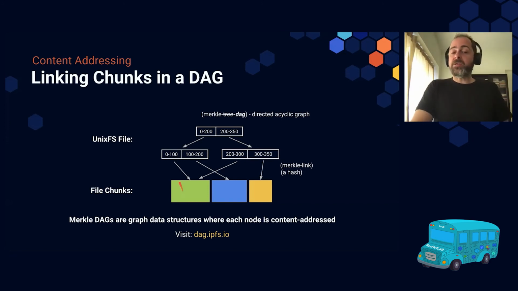We can store it only once and point to it from two different parents. This is a very important property. I encourage you to go to dag.ipfs.io and upload a file there, which is then broken into a DAG structure. There is a nice visualization, and you can play with different chunking sizes and see an IPLD node visualized.